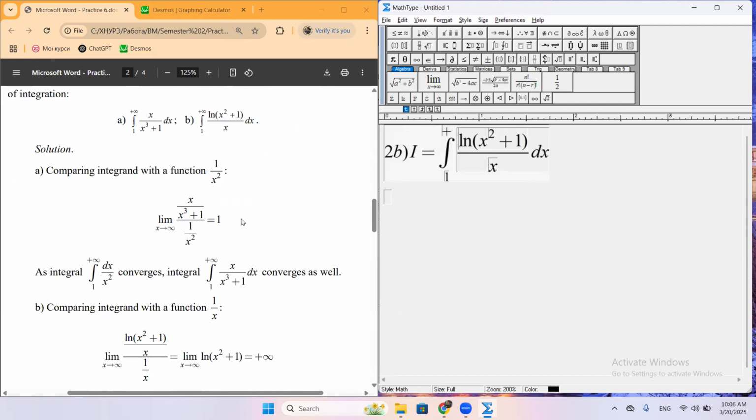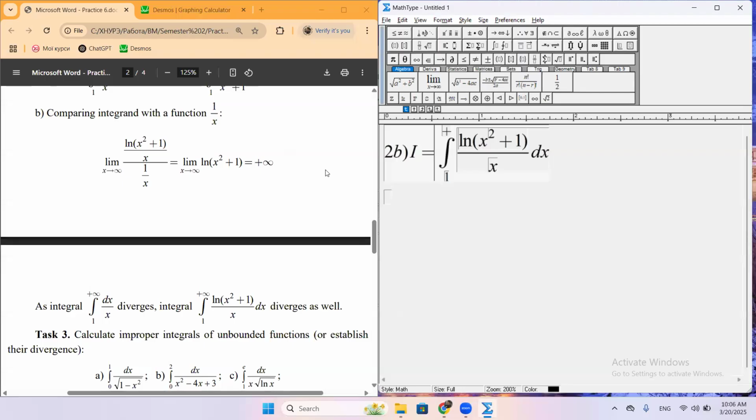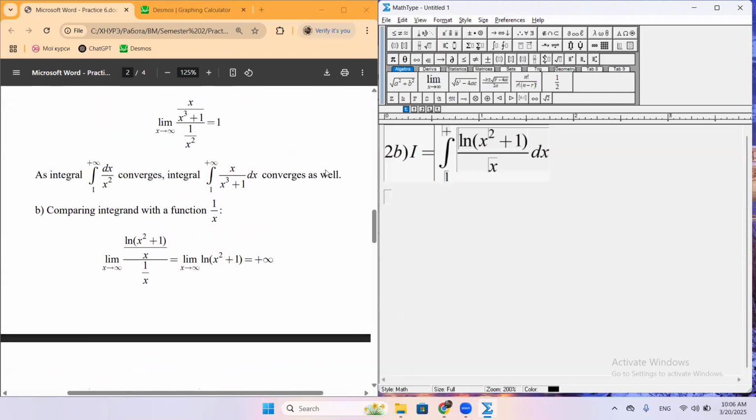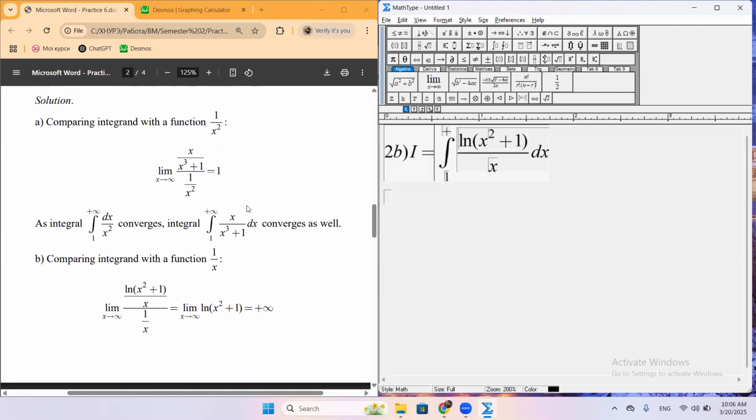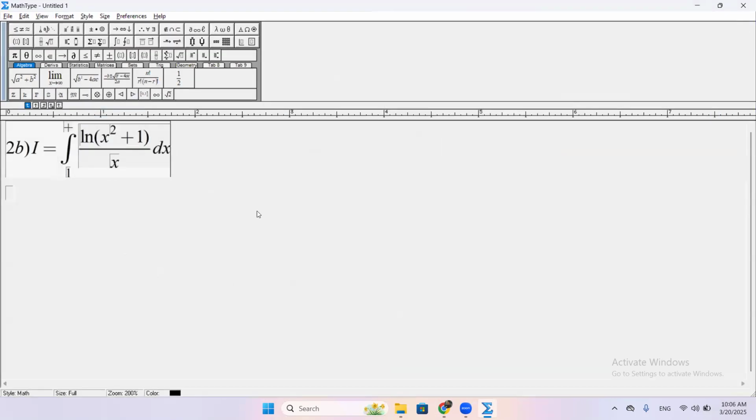We need to compare it also with the function 1 over x, which is more convenient and understandable.